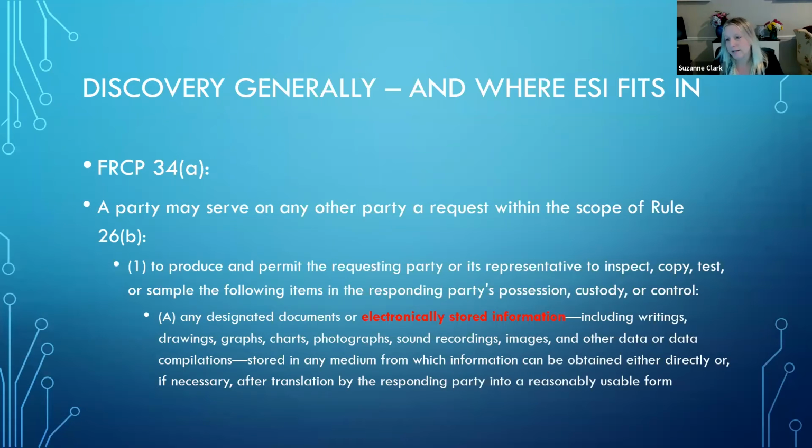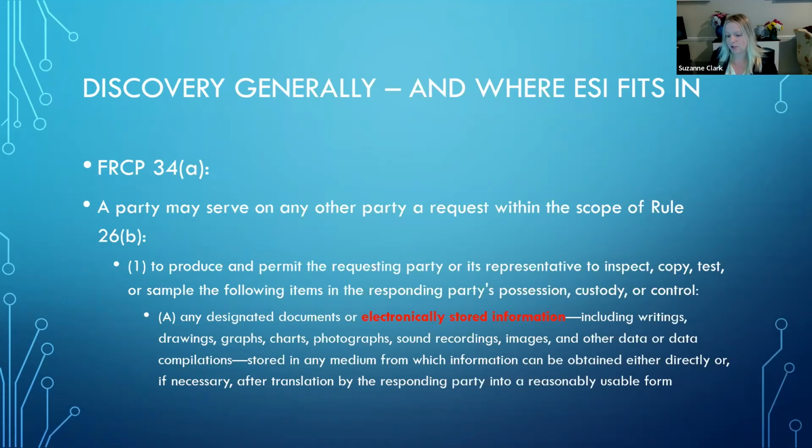With Rule 26, you're looking at scope. Scope of discovery has changed. It's no longer "likely to lead to discovery of admissible evidence." That got stricken out of the rule, so judges really don't like it when attorneys say that anymore. Now it is three things: relevant, not privileged, and proportional.